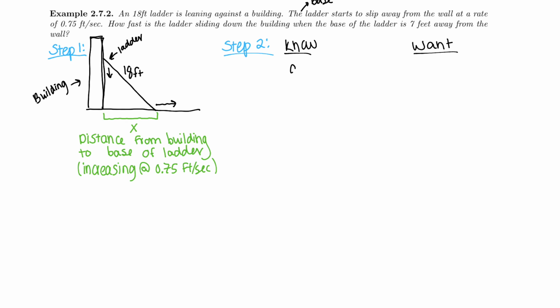So I get to say that dx dt, the rate of change of that distance from the base of the building to the base of the ladder, is 0.75 feet per second.